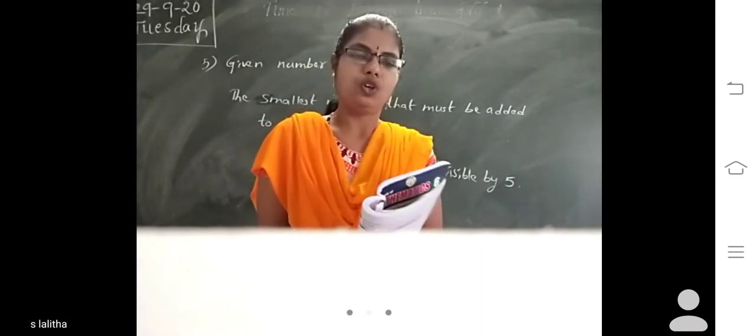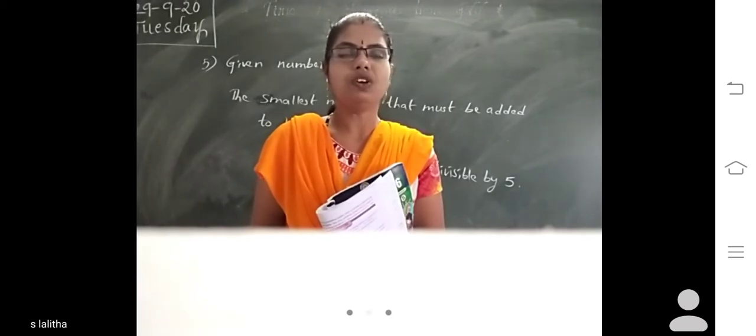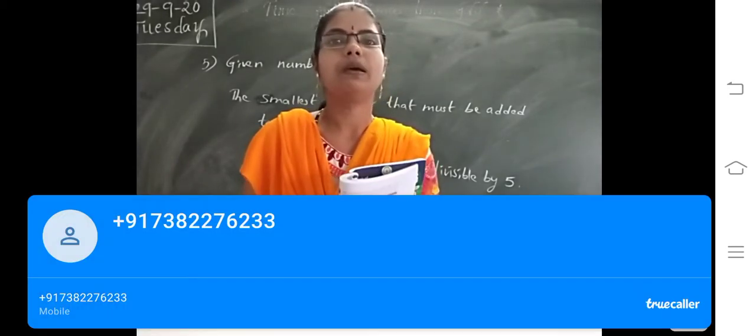Here 6 is at the ones place of 276. To make it 0, which number do you have to subtract? Minus 6.